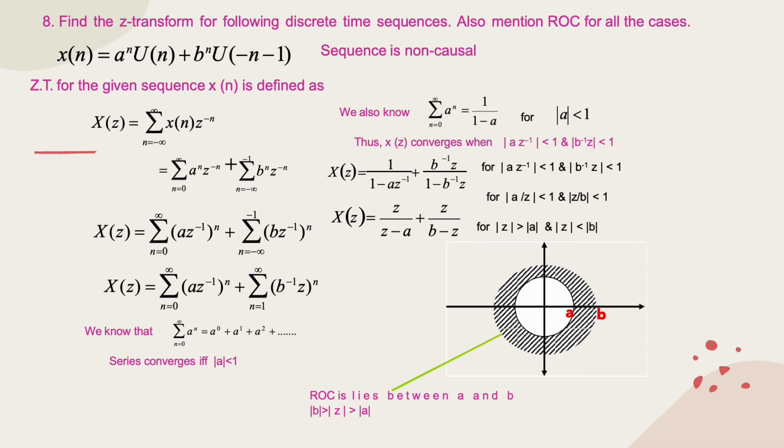Now you use the formula like this, by using the finite series formula. You apply this formula, you will get the final equation as this one. In this case, modulus of z greater than modulus of a means outside, and less than modulus of b means inside. So the region of convergence is formed in the form of a ring.